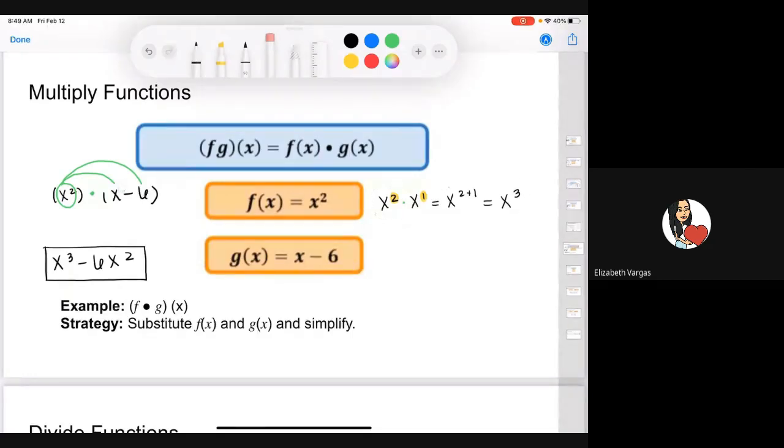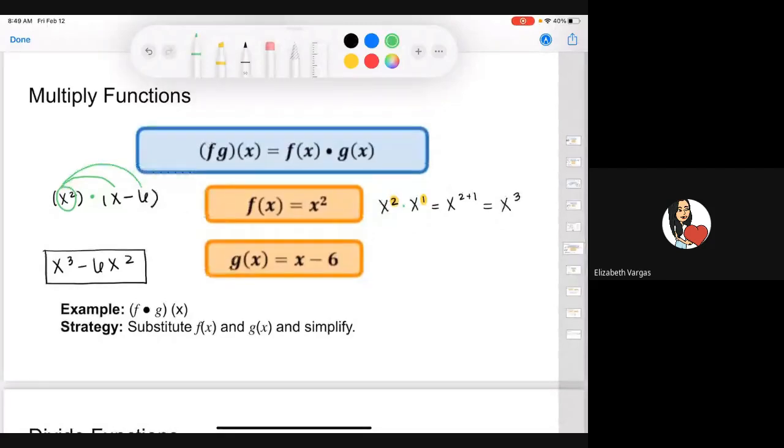is here we have x squared, and here we have a regular x by itself. Well, we can think about x by itself as being x to the power of 1. Whenever you see an x by itself, you can always think of it as having x to the power of 1. So basically, whenever we distribute, here, let me erase this. Okay.